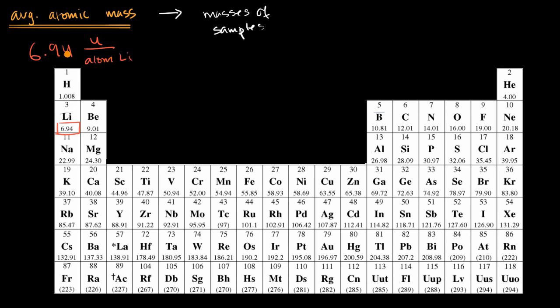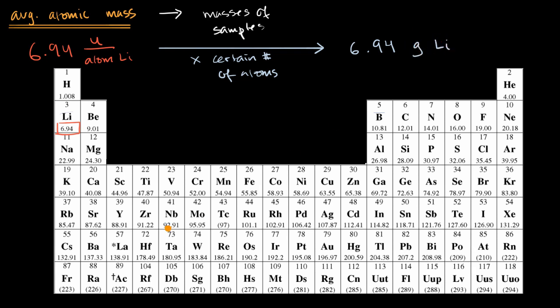What if there were a certain number of atoms of lithium such that if I have that number, so times a certain number of atoms, then I will actually end up with 6.94 grams of lithium. And this number of atoms is 6.02214076 times 10 to the 23rd power.